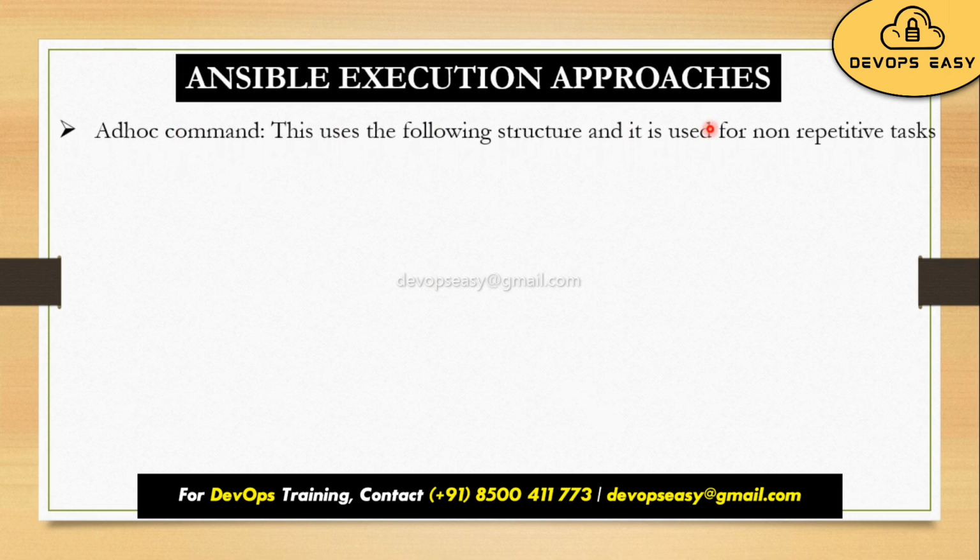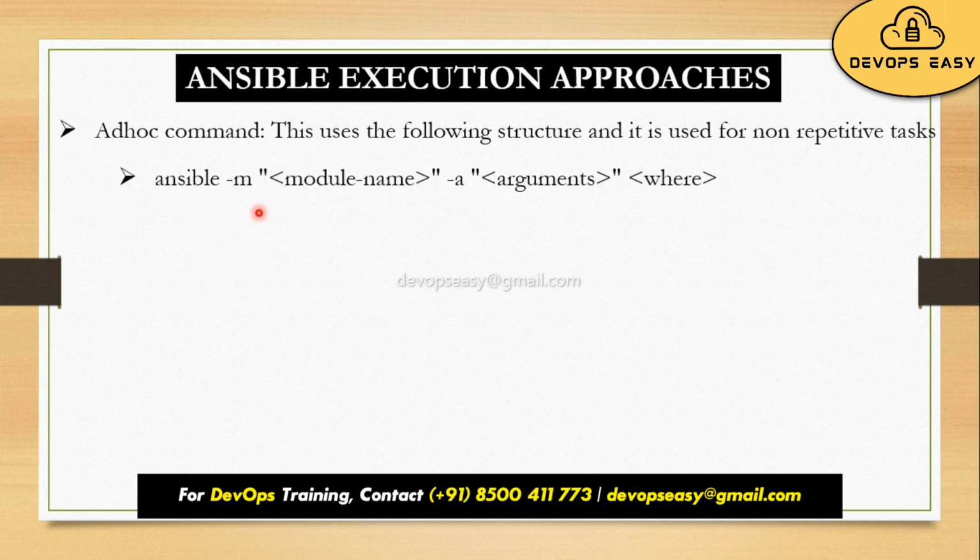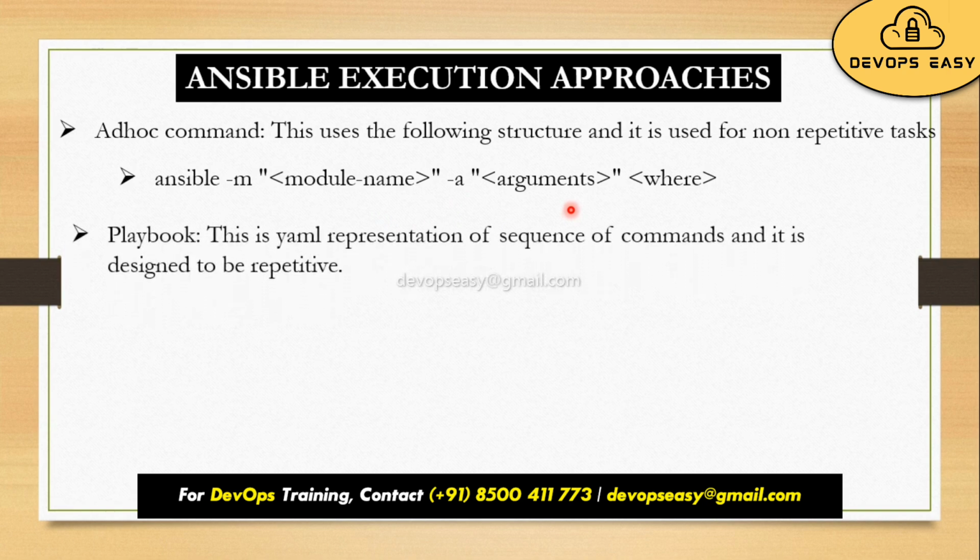So Ansible execution approaches: how can you execute? I told you, ad hoc commands. Using ad hoc commands you can execute Ansible. If you observe what I did, ansible -m module name, -a arguments. You can execute this directly.